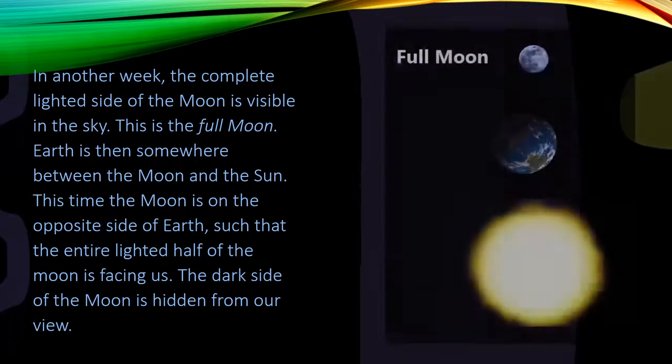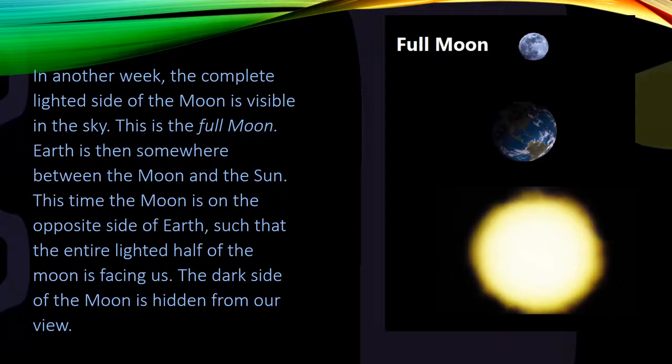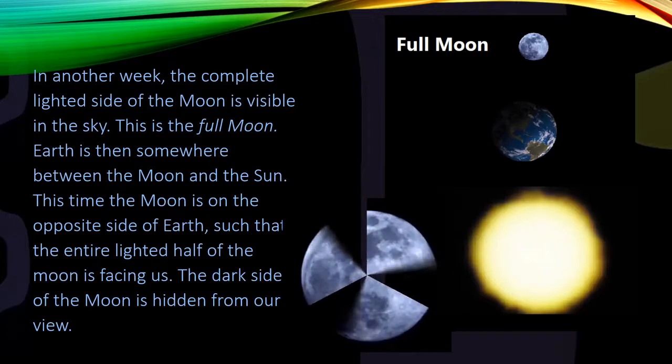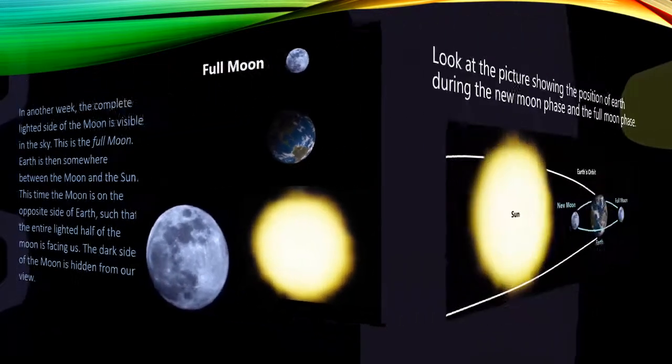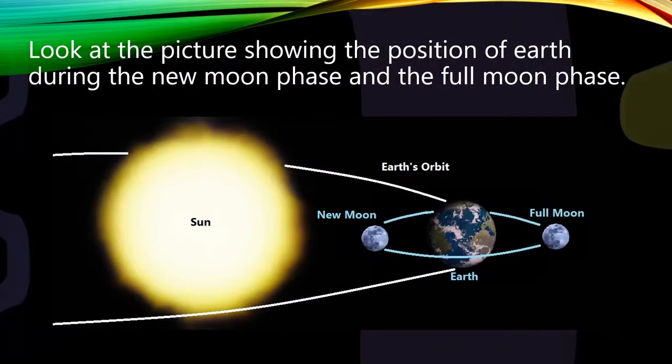As you see, Earth is between the sun and moon, and the moon appears like a full, circular moon. Look at the picture showing the positions during the new moon and the full moon phase.